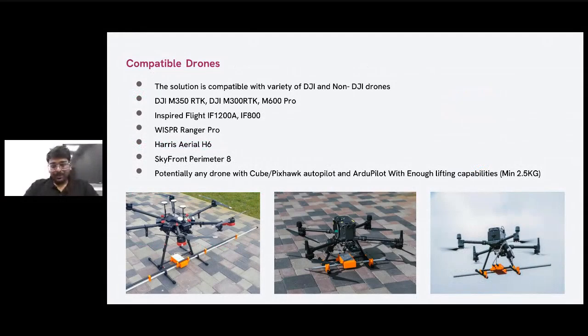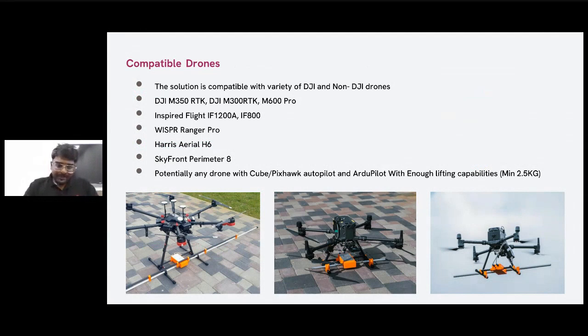Now coming to the drones which are compatible with our solution. Basically, the solution is compatible with most DJI and non-DJI drones. Though we recommend the DJI Matrice 350 RTK, there are other drones as well which can be integrated with our solution.